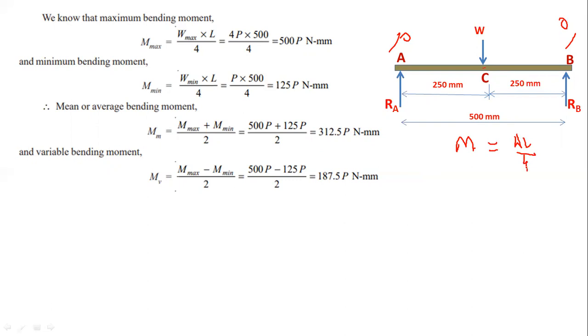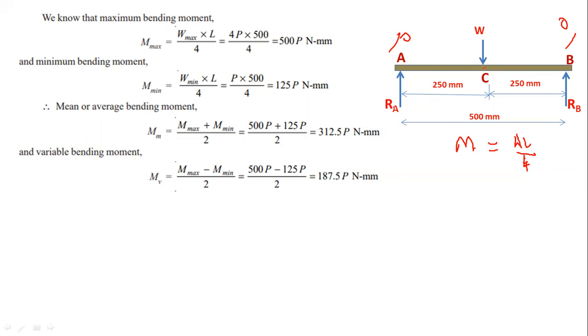Here you can observe reaction force RA equals W by 2, RB equals W by 2. So bending moment at C equals reaction force into 250, that means L by 2.